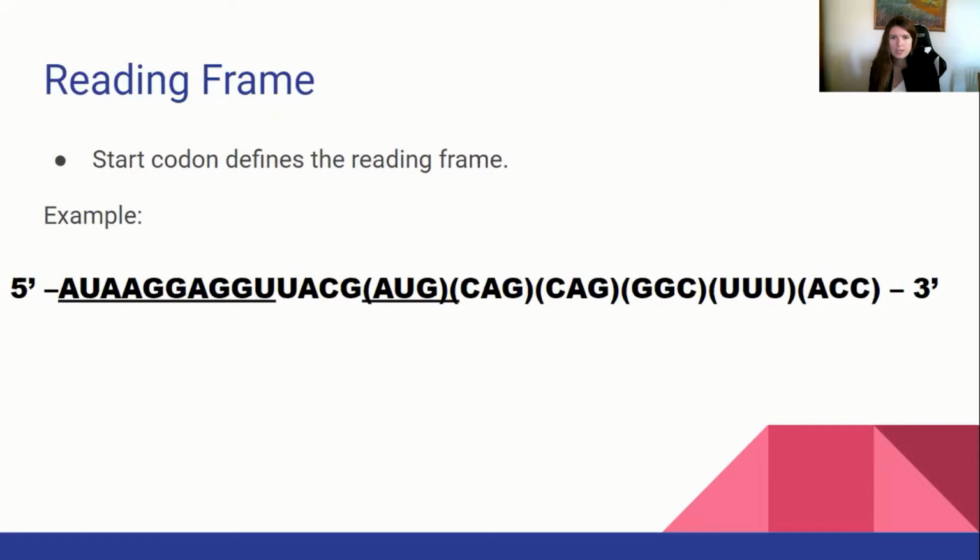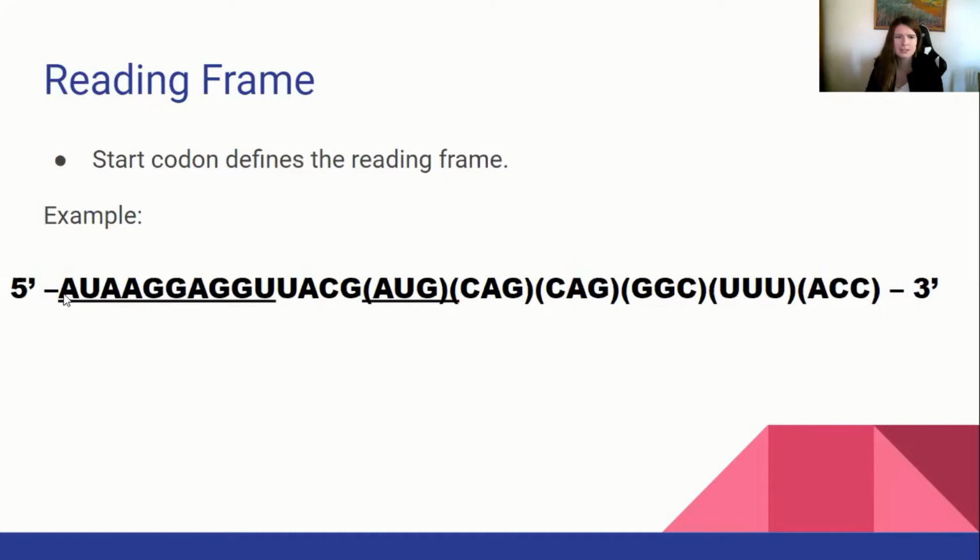We know that we need to actually start pulling together amino acids when we hit 3 letters in a row that we recognize as our start codon. Our start codon is AUG. So if, for example, we had this strand as our mRNA, and remember we have to go from the 5' to 3' direction. Actually, don't remember, I'm telling you, we're reading it from the 5' direction to the 3' direction.